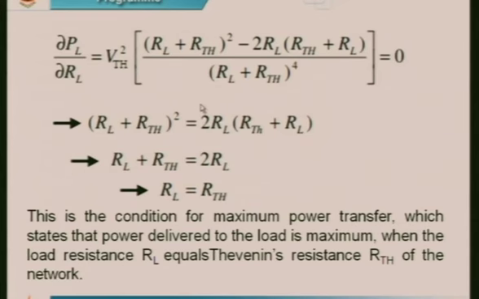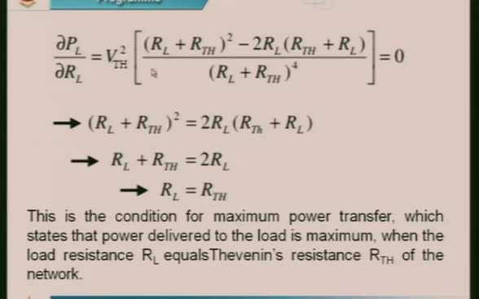The denominator is RL plus R Thevenin the whole square, so it is 2 into R Thevenin plus RL, into 1 for the derivative of the denominator, and keeping the numerator as it is, that is RL as it is. This is the expression we are going to get. That should be equal to 0.